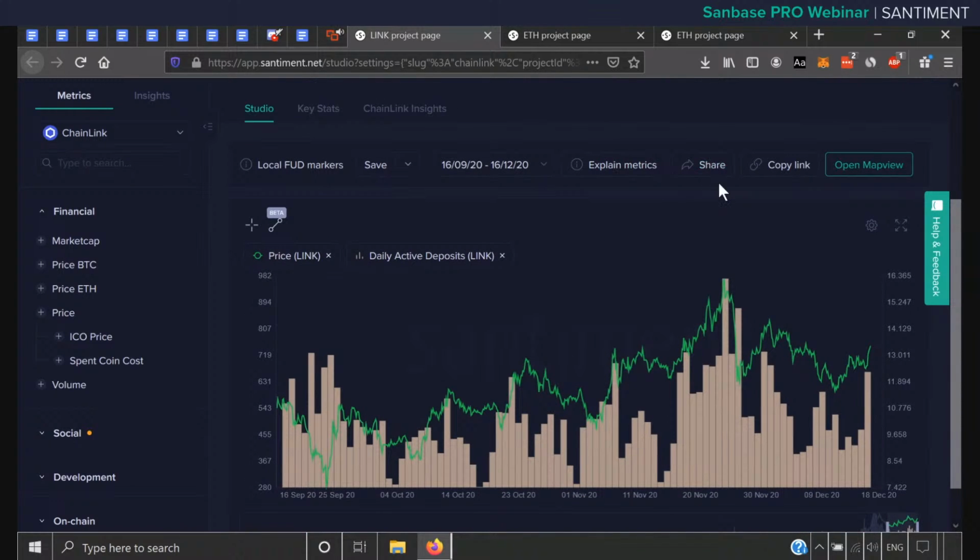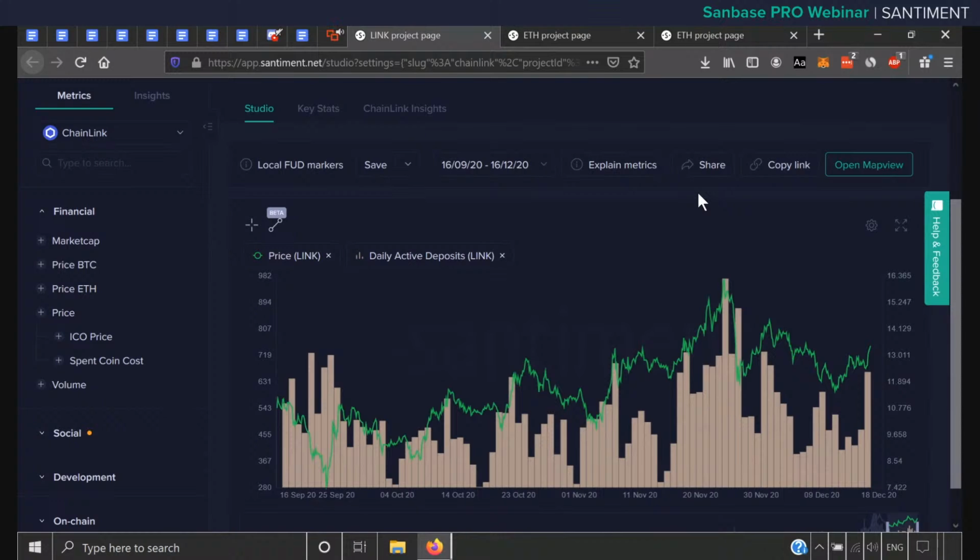So for example, for Chainlink, we can see a massive spike between September and December, a 3-month high in daily deposits coinciding with Chainlink's price correction. But we can also see a number of smaller spikes coincide with short-term price corrections as well.